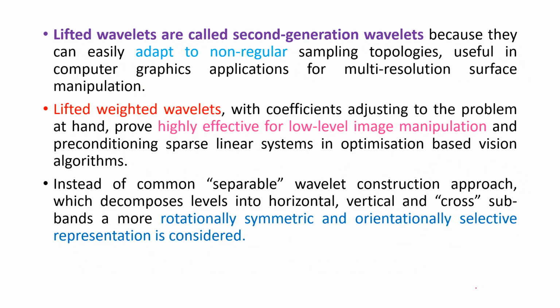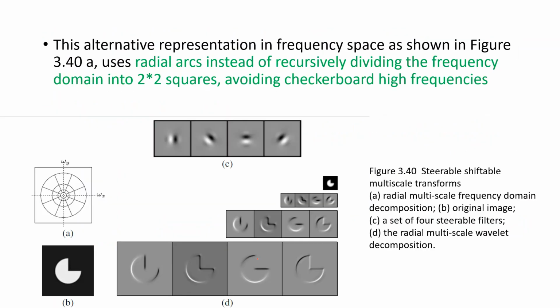So lifted wavelets, or second generation wavelets, can easily adapt to non-regular sampling, and they are highly effective for local image manipulation. Instead of the common separable wavelet approach which decomposes the levels into horizontal and vertical, with the cross subbands being rotationally symmetric, we can perform the rotations also in case of cross subbands.